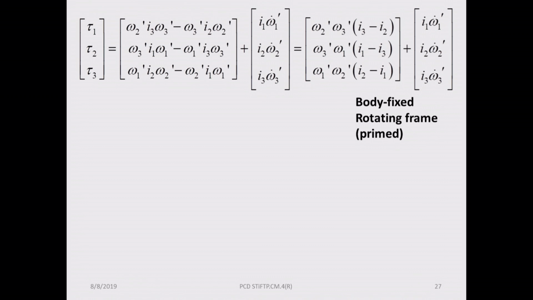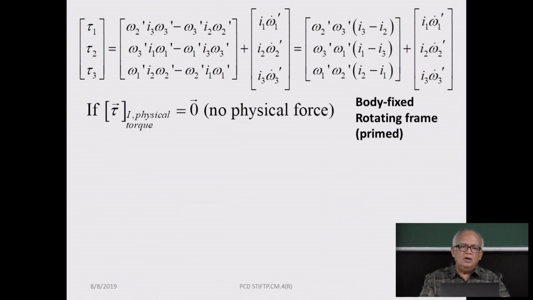So now we consider a simple case in which there is really no torque acting on the body. So the left hand side is 0, the right hand side better be 0, but the right hand side is a difference of two terms. So the first difference must be the negative of the other, right?